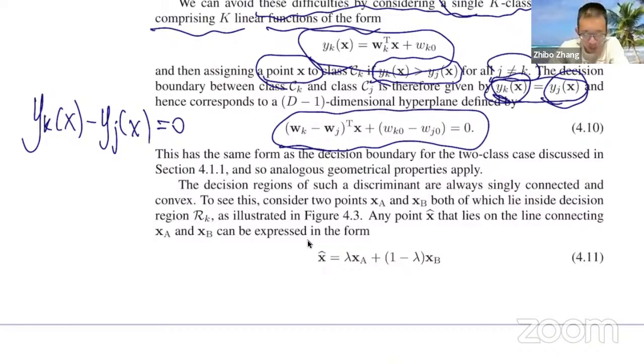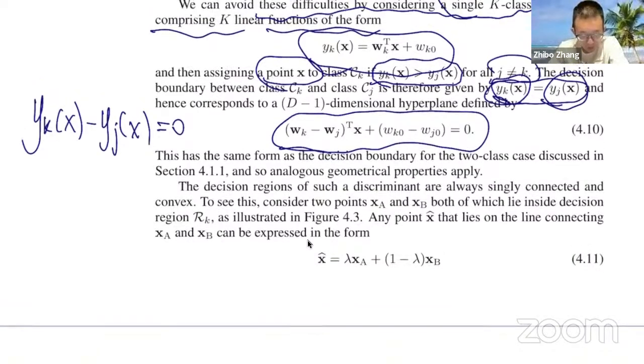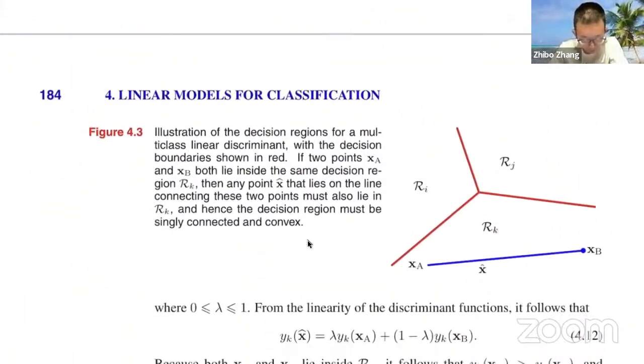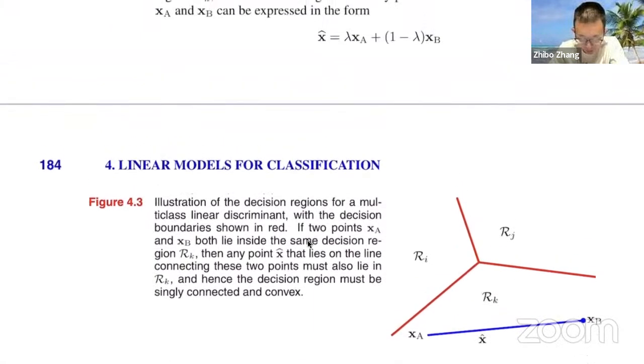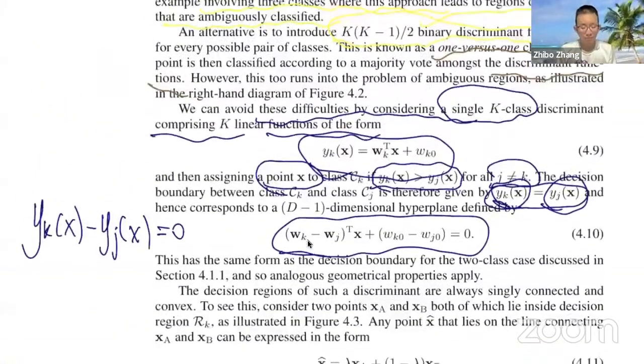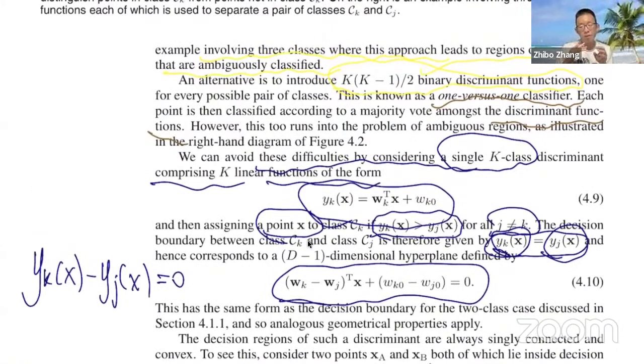To see this, consider two points, both of which lie inside decision region RK, as illustrated in figure 4.3. Suppose we have this kind of comparison, the decision boundary formed by the highest value of the corresponding category.